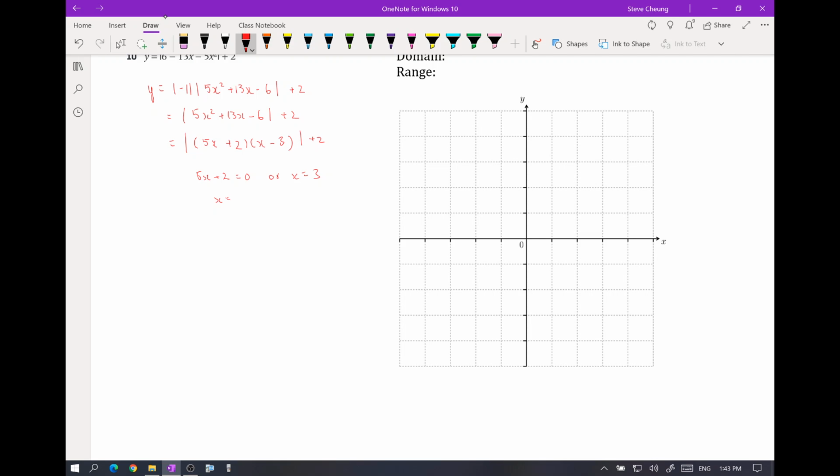This will give us an idea of what the curve looks like. But this time we are shifting this up by 2. This one is a little bit more difficult because we're not sure if it actually goes below that 0 line. Because if we just consider the quadratic, okay, let's write down the roots here: -2/5 around here, and 3.